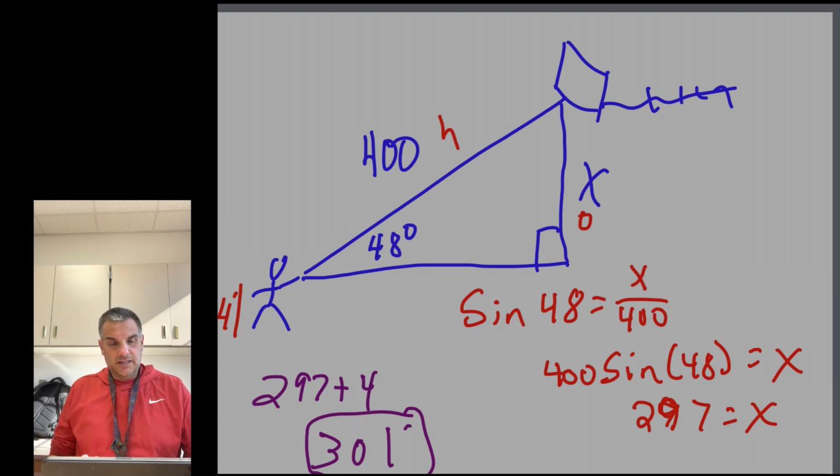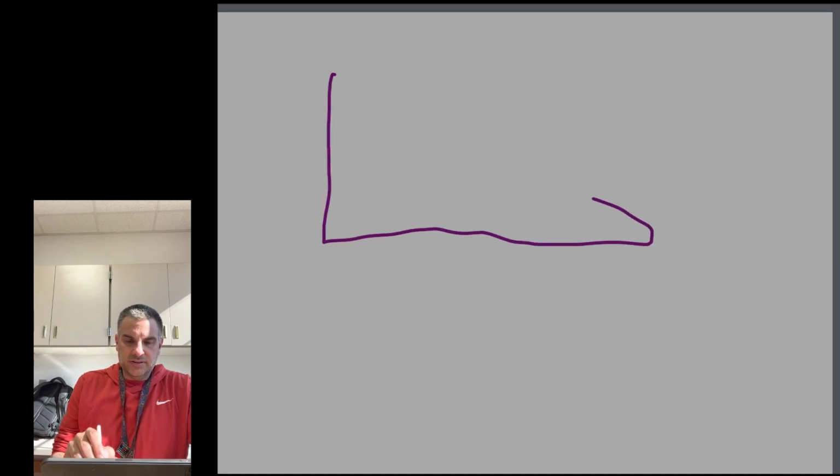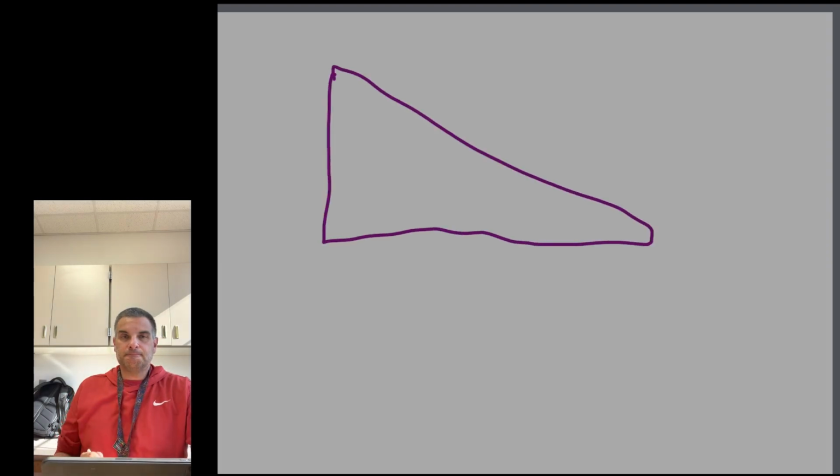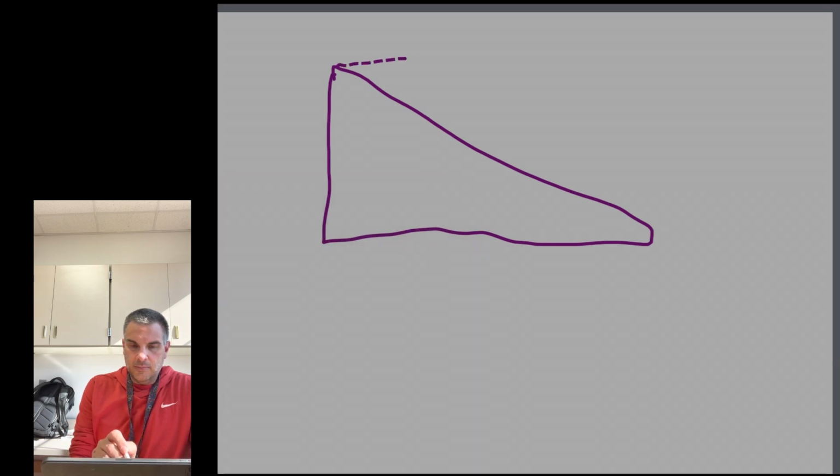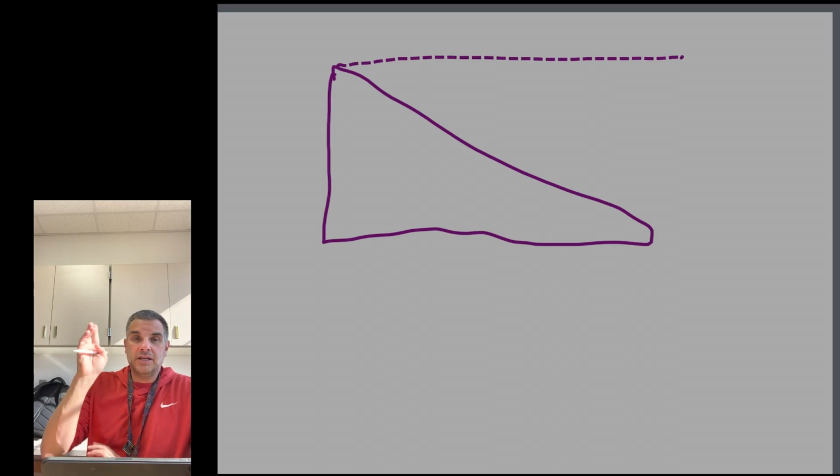The other one we had was angle of depression. This one gets people a lot. The angle of depression is the angle that is created by looking parallel to the ground down to an object.